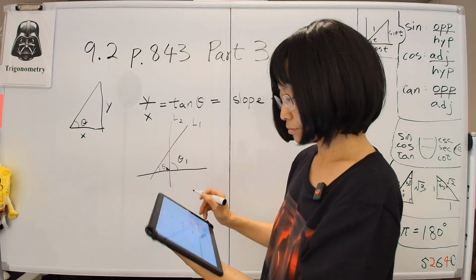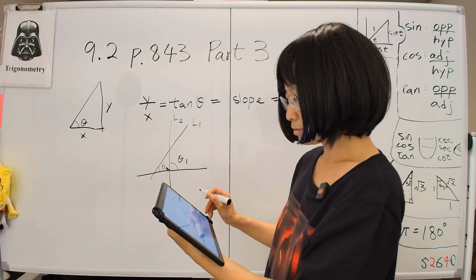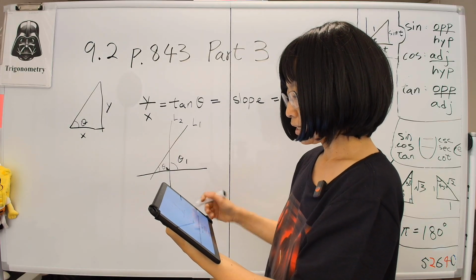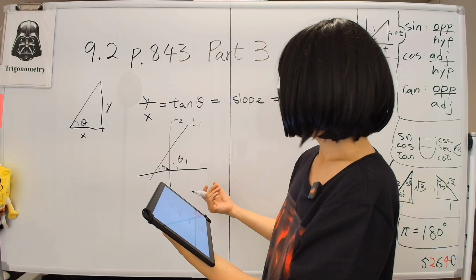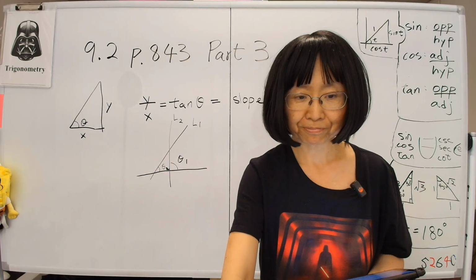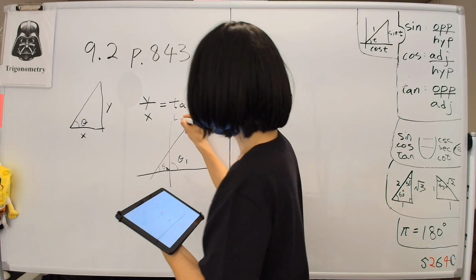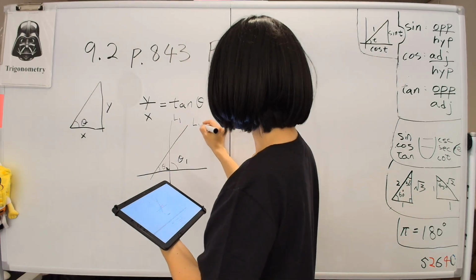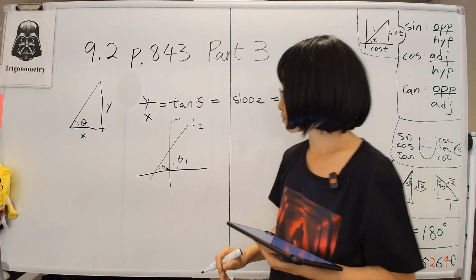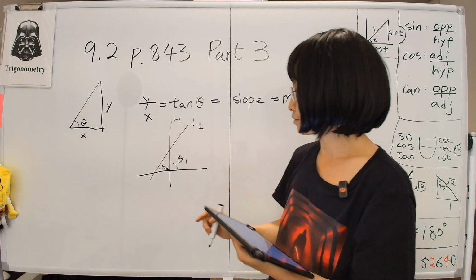Now L1, wait a second, no, I wrote it wrong. See, I knew that was different. Let me fix it. Okay, now this is L1, and this is L2. That's better. L1 makes the angle theta 1, and L2 makes the angle theta 2.